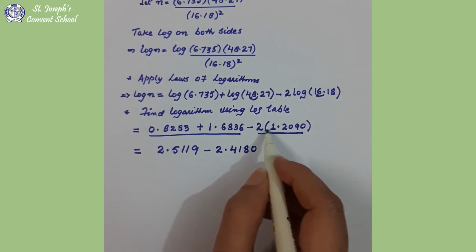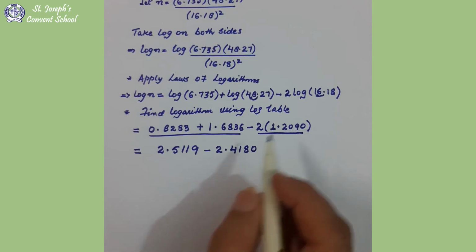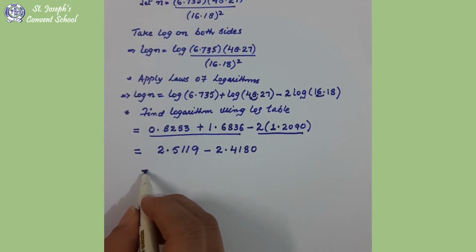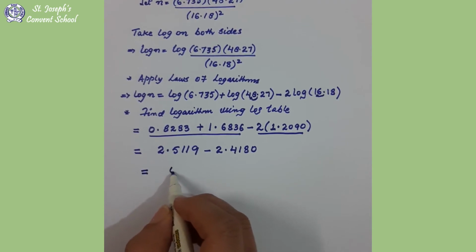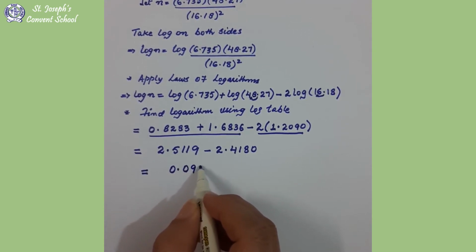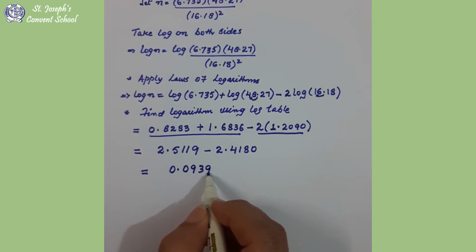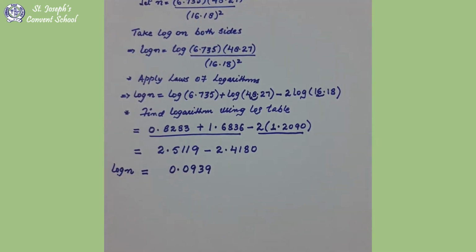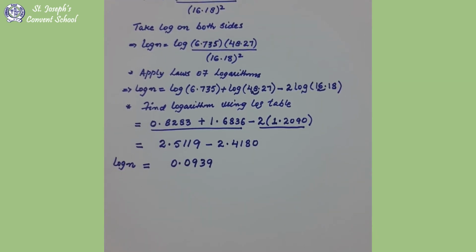With the calculator you can multiply 2 into this number. Now these two you will subtract, so you will get 0.0939. This is log n. Okay, so we have solved the log step.